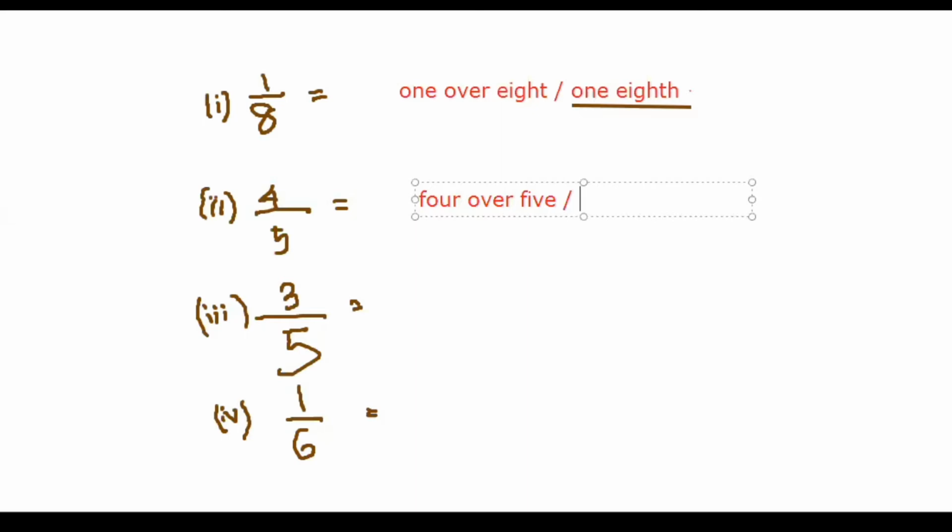Is it "fifth" or "fifths"? Is the S coming or not? S is coming. Why? If 1 is in the numerator, there is no S. If any number more than 1 is in the numerator, then you have to put S.